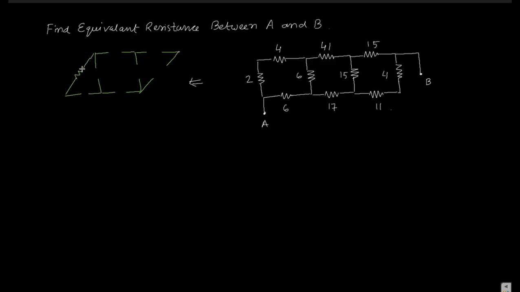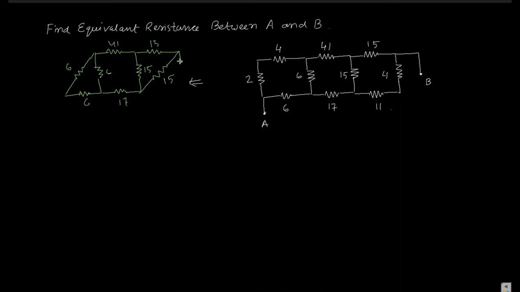So this now becomes 6 ohm as 2 and 4 are in series. It becomes 4 plus 11 is equal to 15. This becomes again 15. This is intact 15. This is 41. This becomes 6. This becomes 6 and this becomes 17.